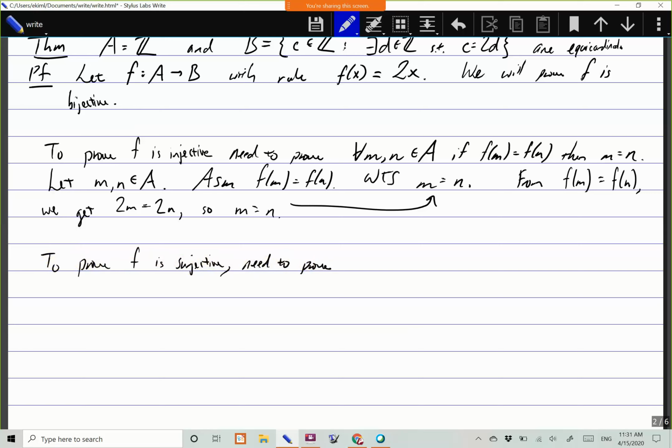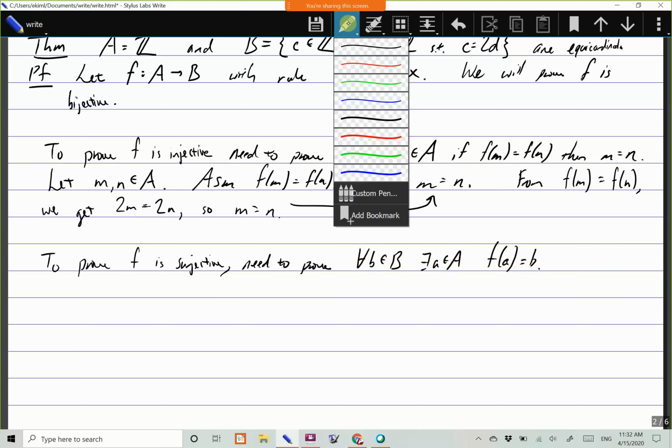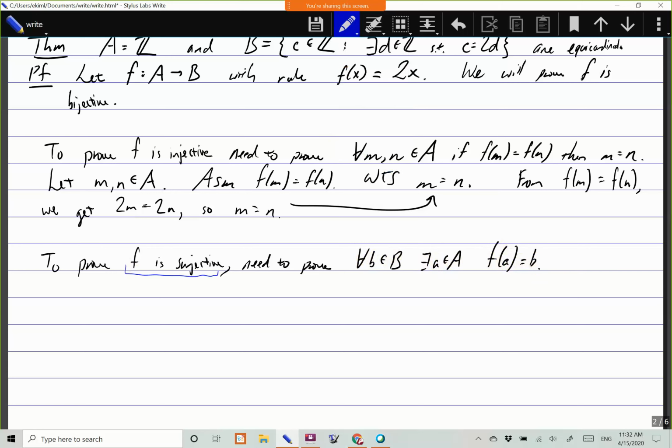It should just build the phrase, right? So for each thing in the codomain, there exists a thing in the domain, so that when you apply f, you get that thing in the codomain, right? So if you look up the dictionary definition that we provided, that text is this text.